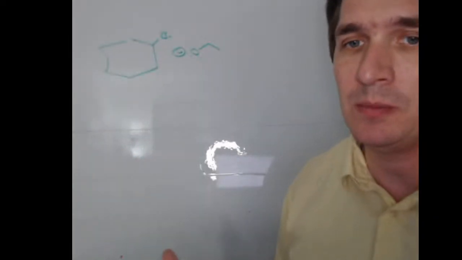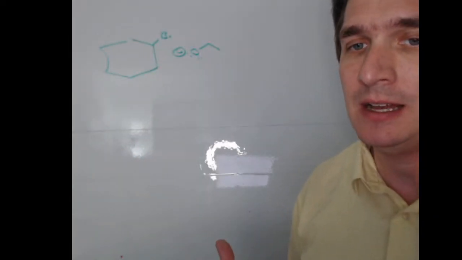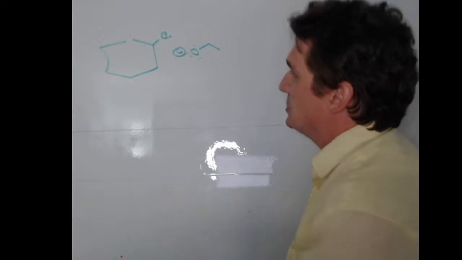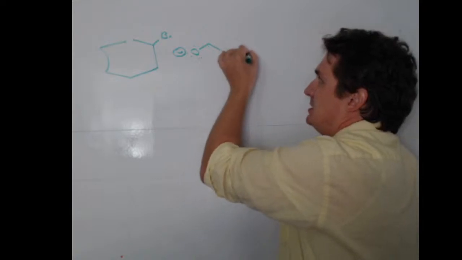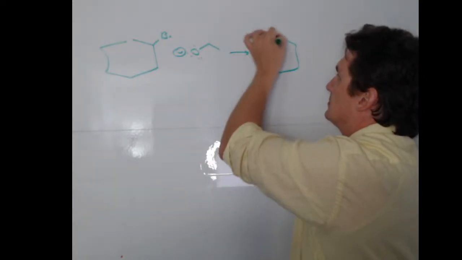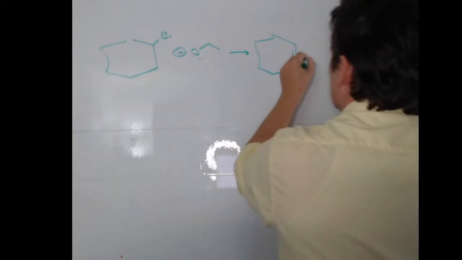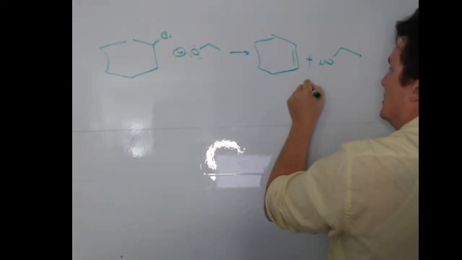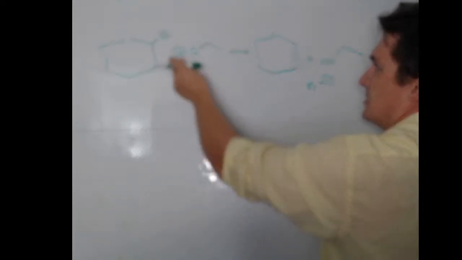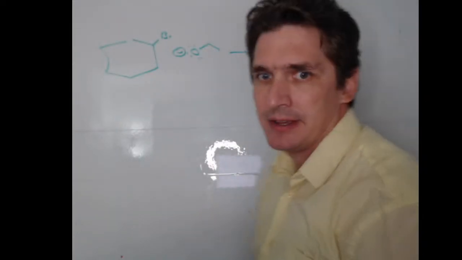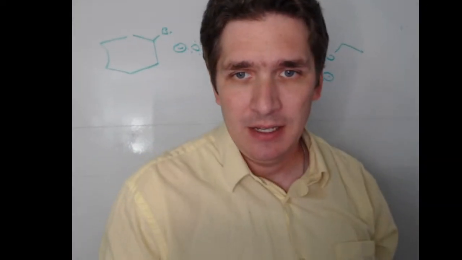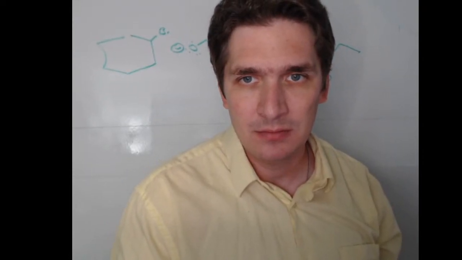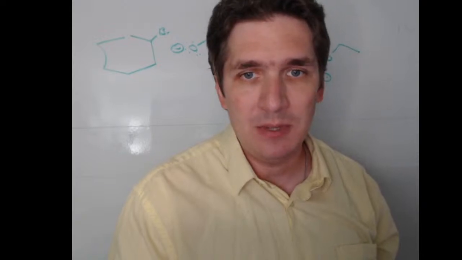It's probably what we're making, so we're probably not making ethers in this case. Most likely what you're going to get is an elimination here. So you're going to get ethanol, the bromide ion, that's how you get rid of the negative charge, and you get the cyclohexene. So major product here is cyclohexene and ethanol, and that would be it.